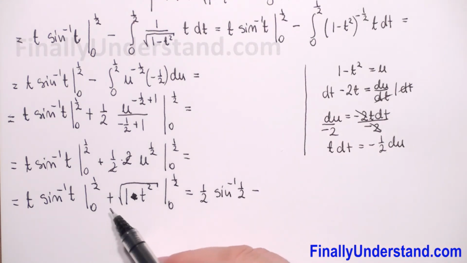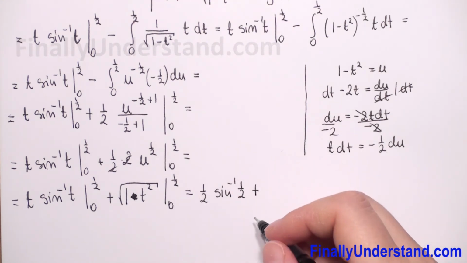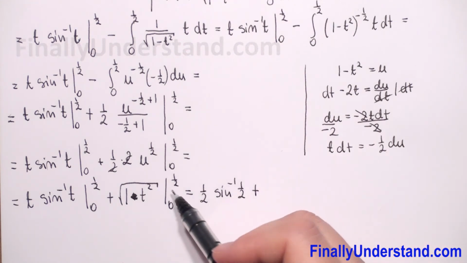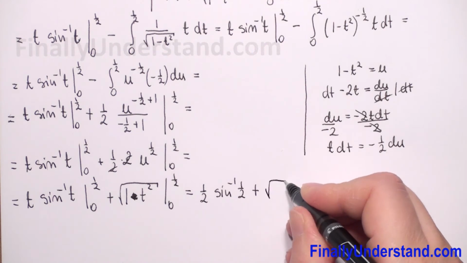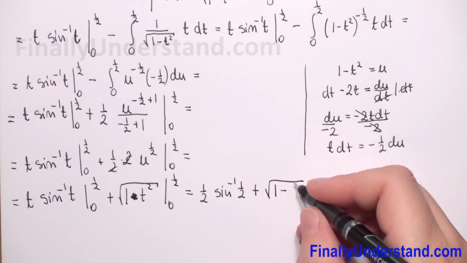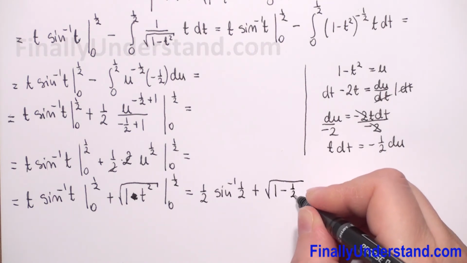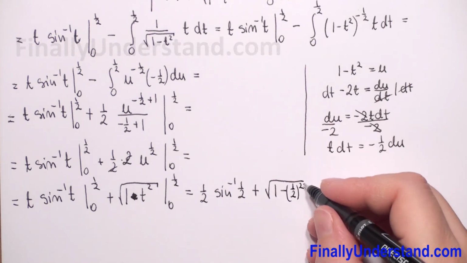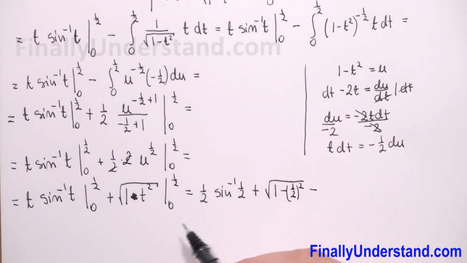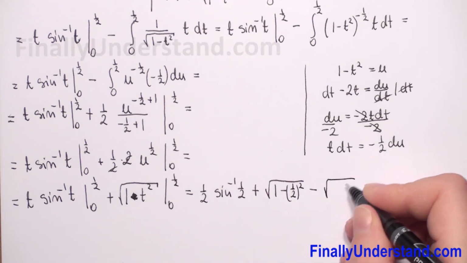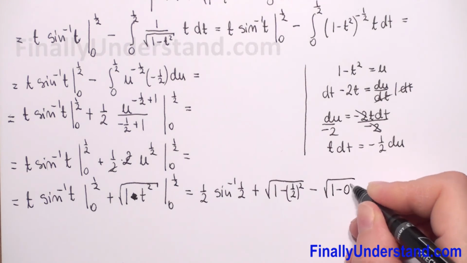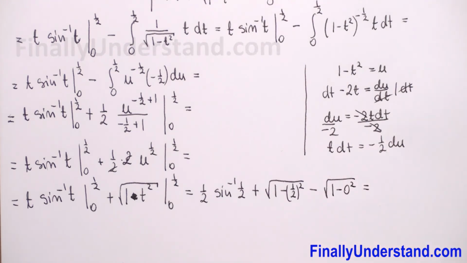And now we have plus, we have to change the sign, and we plug in the upper limit, so it will be the square root of 1 minus 1/2 to the second power, minus the lower limit: we substitute t by 0, so it will be minus the square root of 1 minus 0 squared.